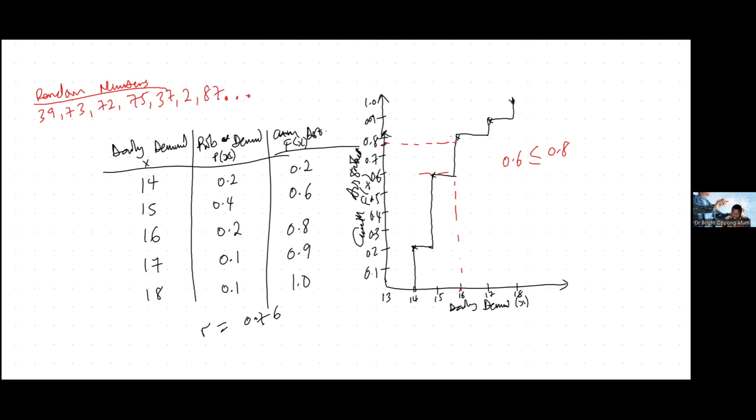Right. So because all the random numbers, the maximum are 2-digit numbers, we need to divide it by 100 to be able to get a number between 0 and 1. So it will be 0.39, 0.73, 0.72, 0.75 in that order. Right.